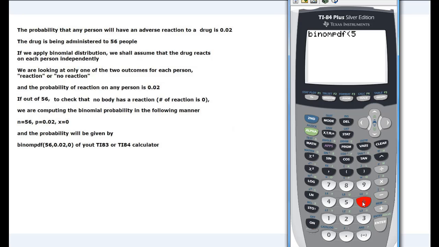We enter the total number first, then the probability second, and then the number of successes third. Our answer is approximately 0.3326 for the probability that nobody has any adverse reaction.